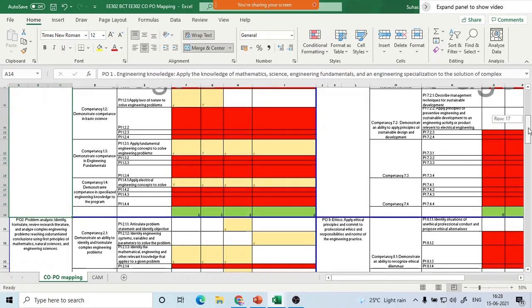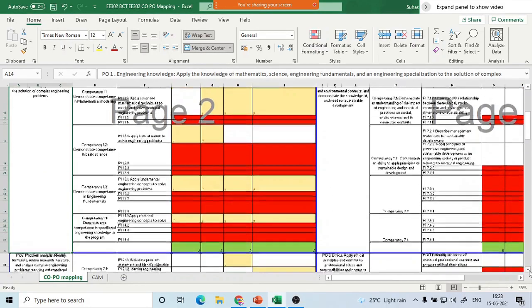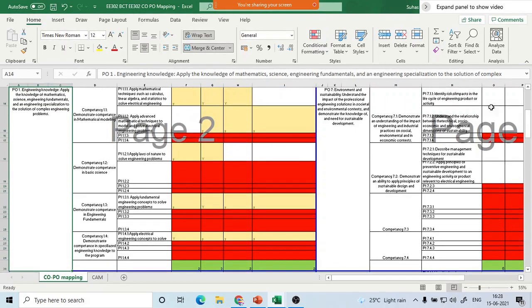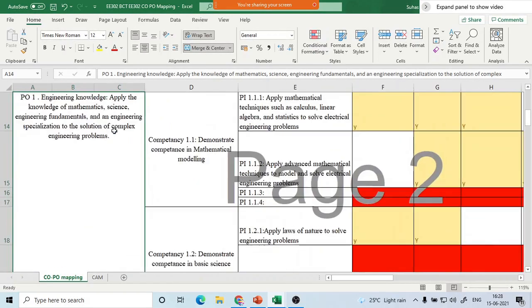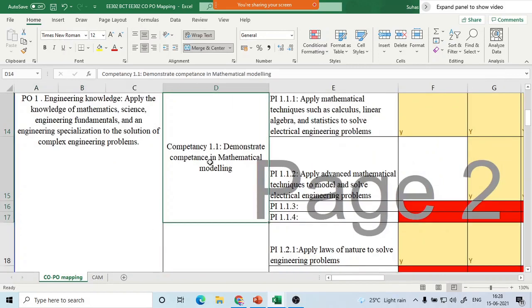For these particular POs, the NBA committee or NBA department has already defined some competency levels. I can zoom in so you can visualize properly. Basically the first competency level in this PO1 is to demonstrate competency in mathematical modeling, meaning I should be able to use mathematical, maybe an algebraic equation, maybe a matrix based equation or something.